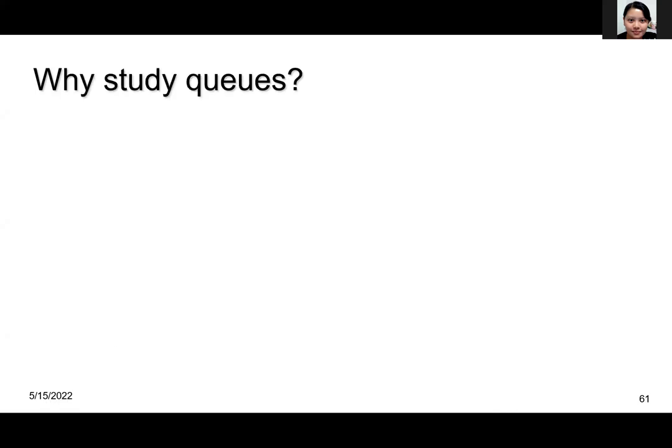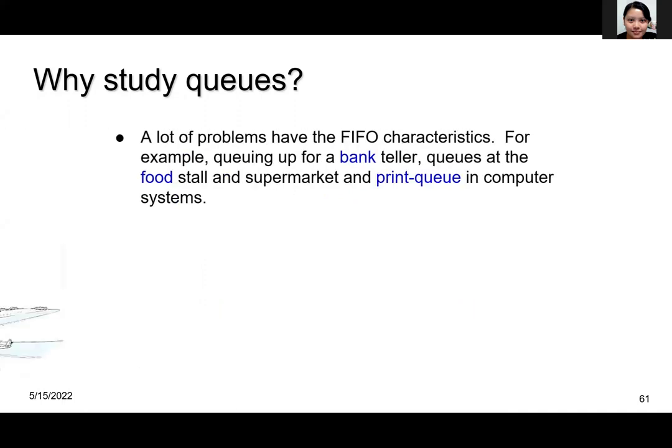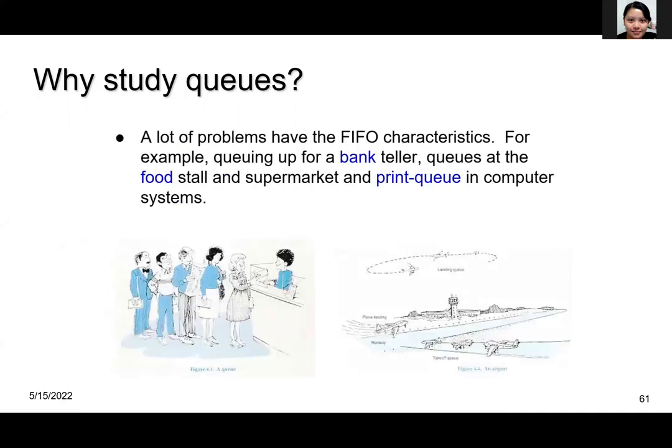Now, why do we want to use queue? Or why do we want to study queue? Because there are a lot of problems that have this first in, first out characteristic. For example, queuing up when you are going to the bank, or queuing up to buy food, or to pay in the supermarket. Or in terms of computers, the print queue, especially if you are using a network printer where everyone is sharing the same printer.